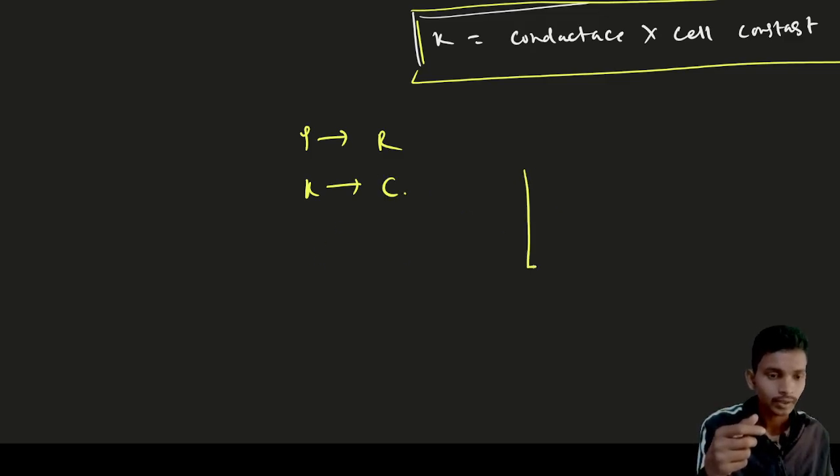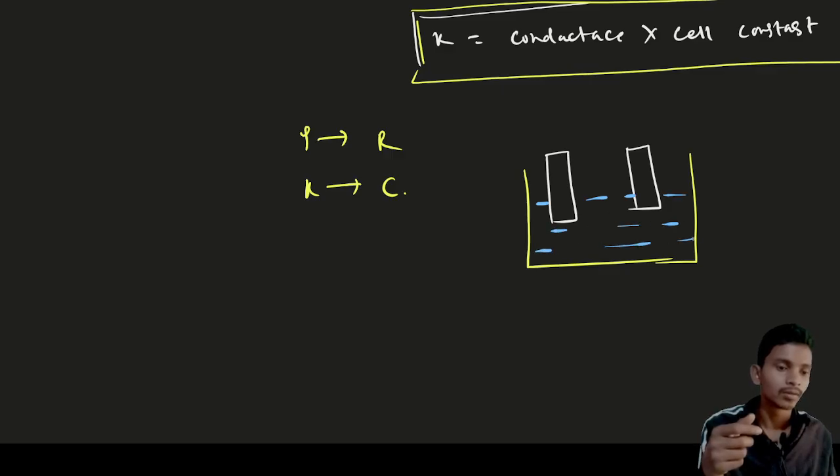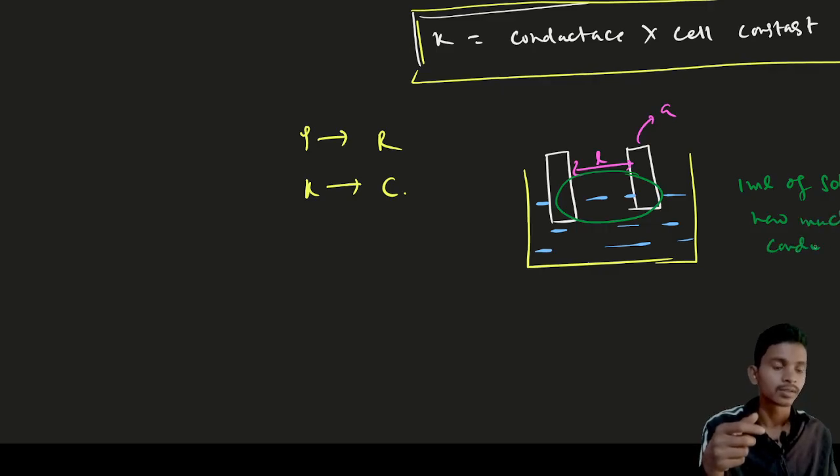So if I draw here, and let's say electrolytes are there, and the distance between two electrodes is L and the area of each electrode is L, then within this area, that is 1 milliliter of solution, how much conductance?